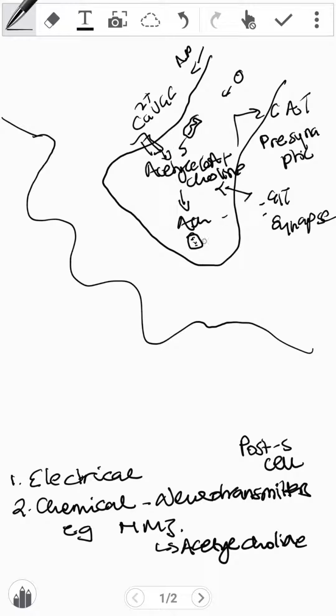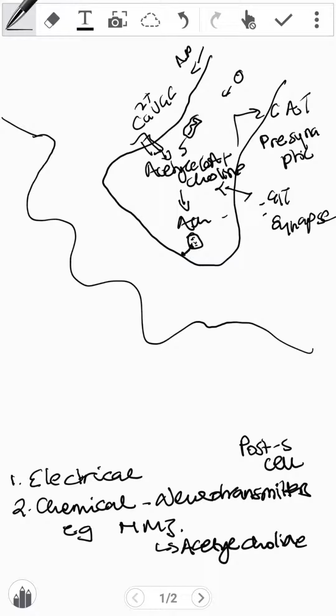These voltage-gated channels will allow an influx of calcium. An influx of calcium is going to work on two types of proteins. One is on the vesicle itself, and another is on the membrane of the neuron. Now, these two have names: we have synaptobrevin on the ACh vesicle, and we have syntaxin here.